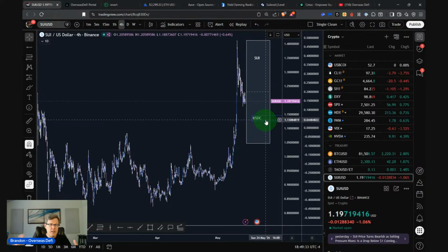So what are we going to have to deposit? We have to deposit both tokens into the pool. And in this case, based on the parameters here, we're going to have to deposit about 60% SWE and about 40% USDC. If you're doing $100, you'll need about $40 in USDC and about $60 worth of SWE.